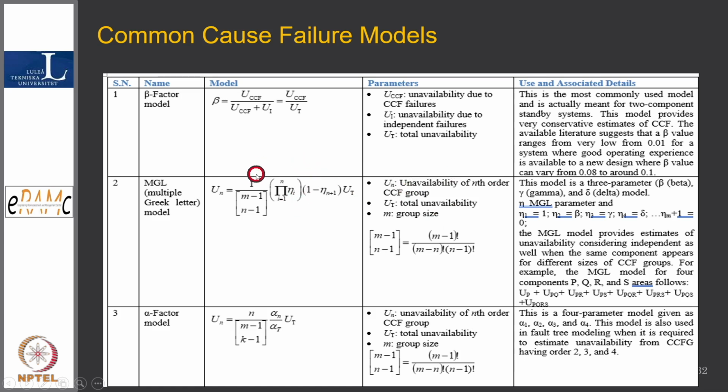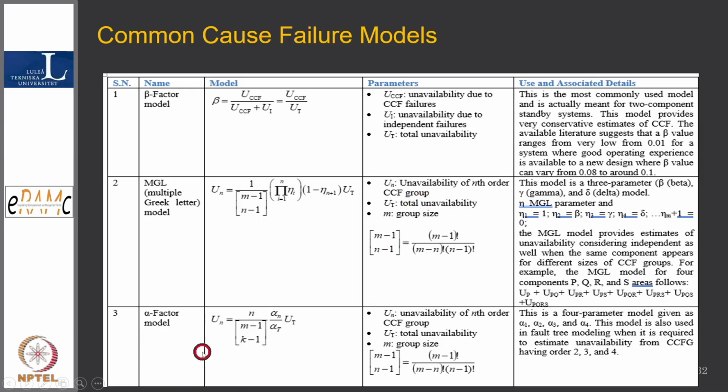Up to order 2 the sensitivity is very high, but as you go to tier 2 and 3, the data changes. M is the group size, the number of components in the group, and the number of components which make the system unavailable.